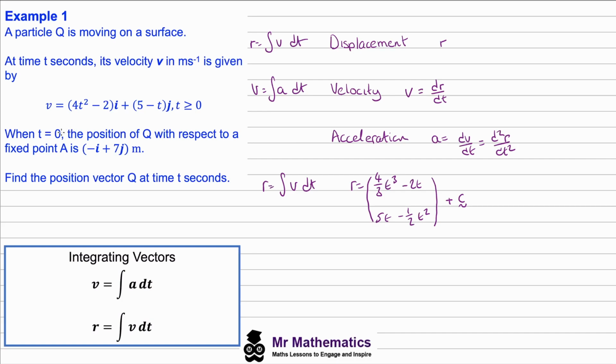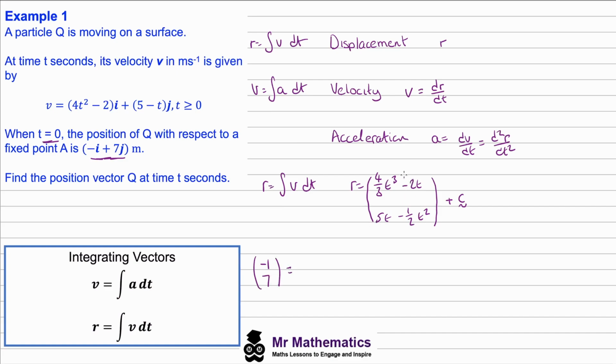Then we're told that when t equals 0, the position is -i + 7j. So we can use these to work out our constant. If we substitute in our r value, we'll have -1 and 7.